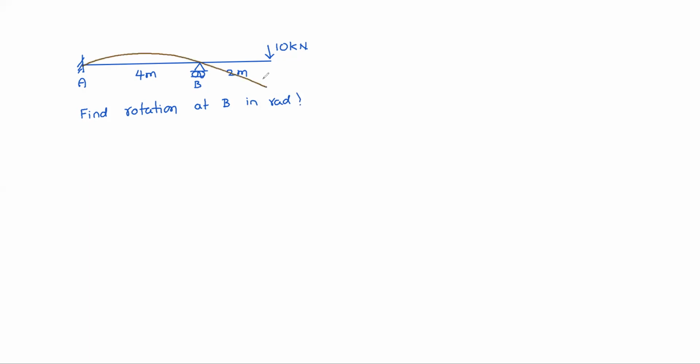Suppose this is the deflection curve. Here this is theta. Suppose the displacement is theta. Now we need to find theta. Instead of finding theta, you can go for another way.